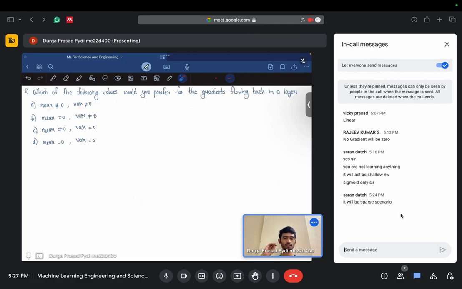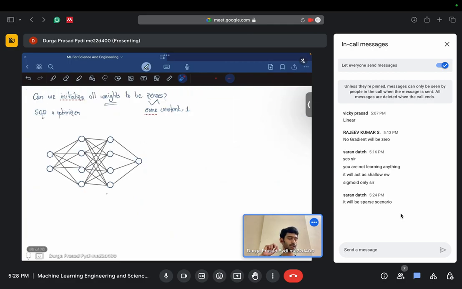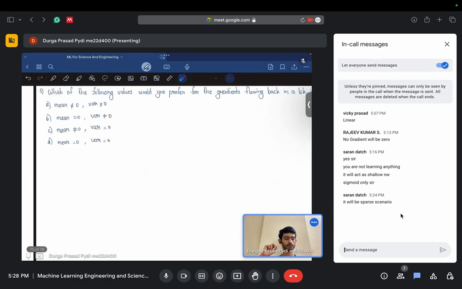Okay, first of all, is the question clear? What I was trying to say is, if this is my output and the gradients are flowing in this direction, and I see the value of gradients in these particular weights, if I calculate the mean and variance of these gradients, which would I expect the values to be?